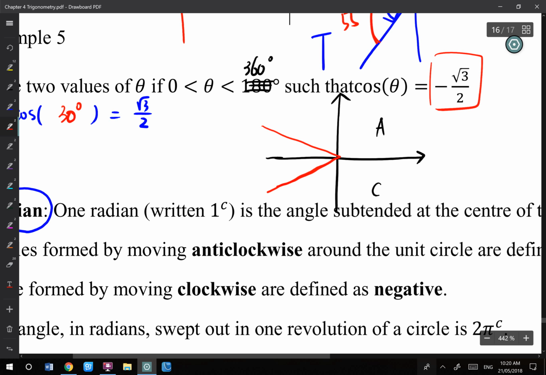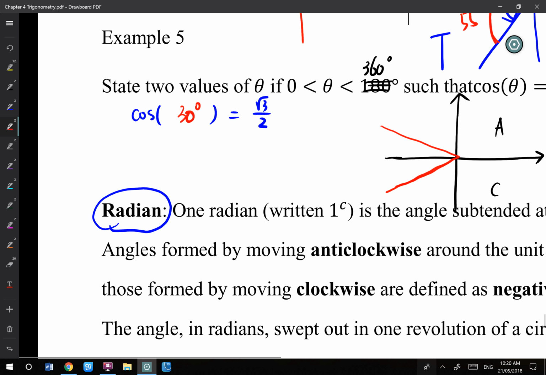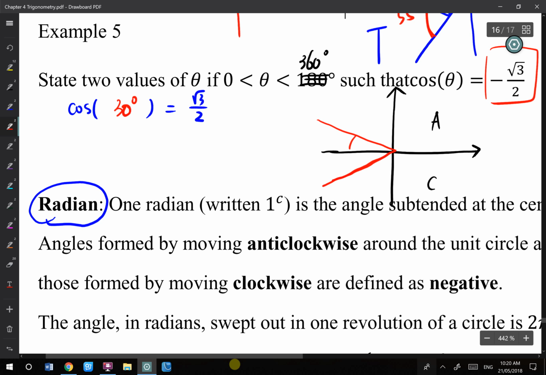Okay, cosine of something, I need to have reference angle 30 degrees as well, because I need root 3 over 2. So the reference angle must be 30 degrees. Let's think about the actual angle. What's this angle here? 150.